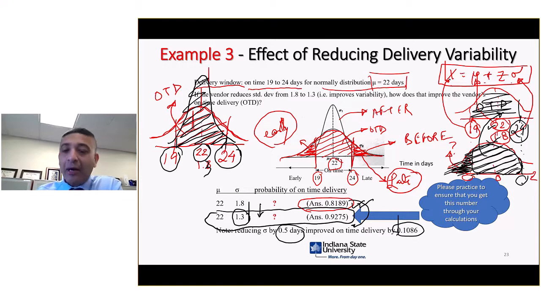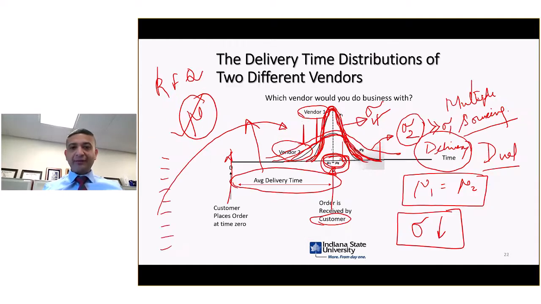That is a more than 10% increase. This is real data. I actually worked on a pharmaceutical data set many years back, and this is a small piece of the data set. That's the power of Z, something as simple as that.